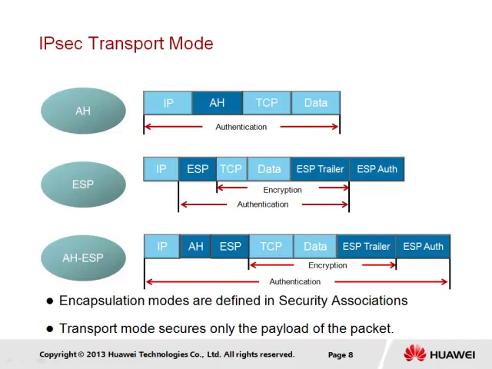We generally find that the authentication header is capable of providing authentication for the entire datagram, with the exception of select portions of the IP header, whilst the ESP is capable of supporting encryption of data and the respective upper layer protocols. We also show here where both the authentication header and the encapsulating security payload are supported together. However, to achieve this, a separate pair of SAs need to be created for each protocol.